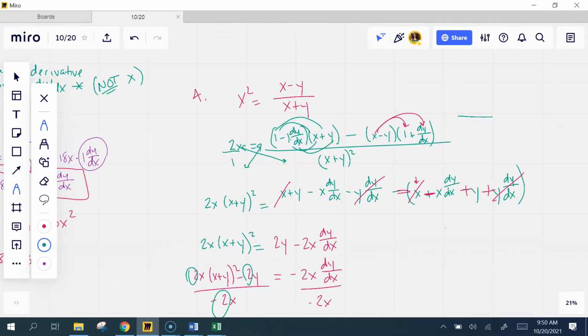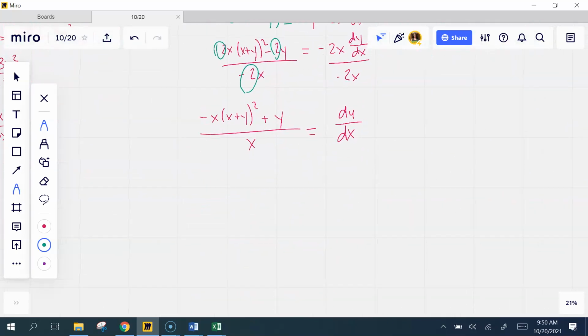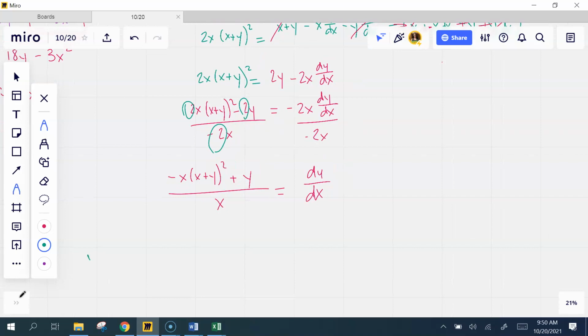So if I gave you something like this, 1, -7, and I said find dy dx and find the slope of the curve at that point.